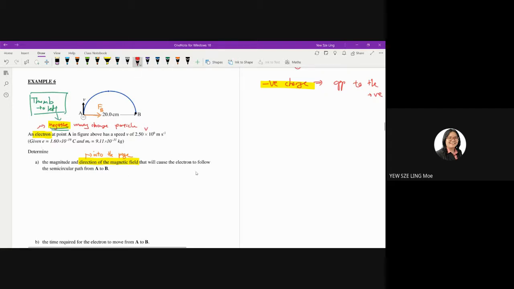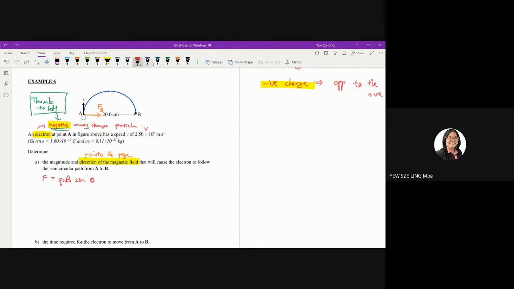Now how about the magnitude? You have a moving charge particle, so you have the equation F equals QVB sine theta. But then, if you look at the question, you don't have enough information. You have a force only, but then can you determine the B?